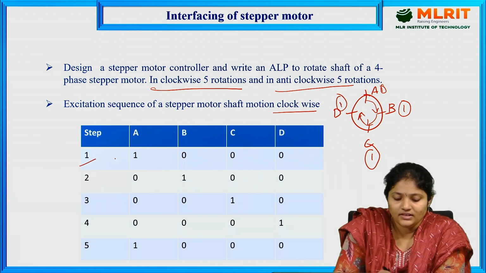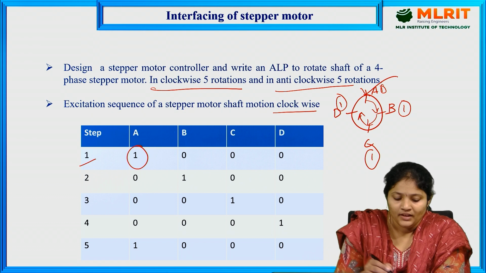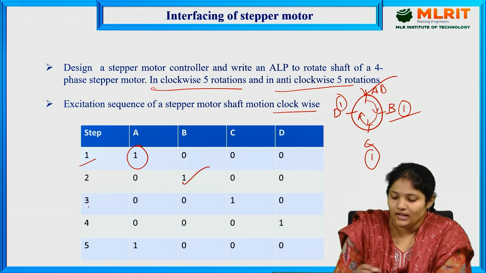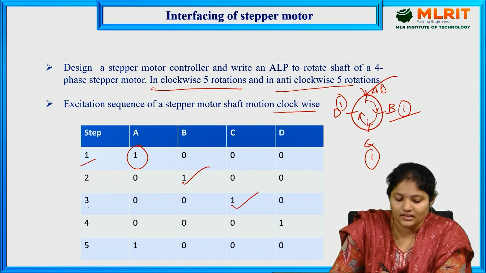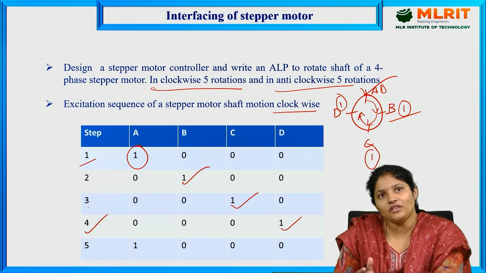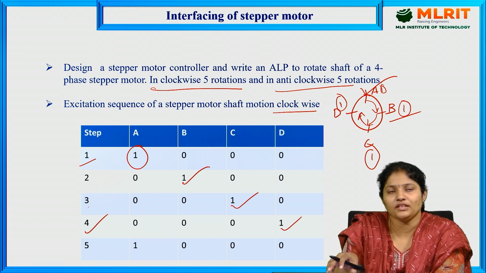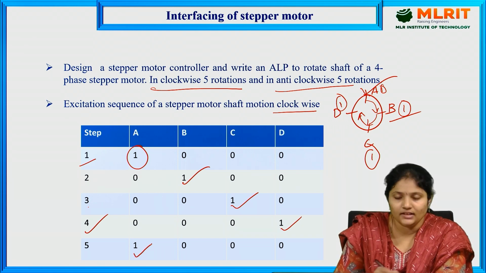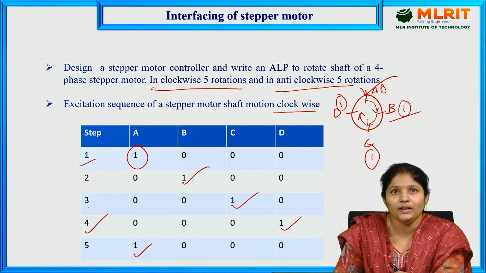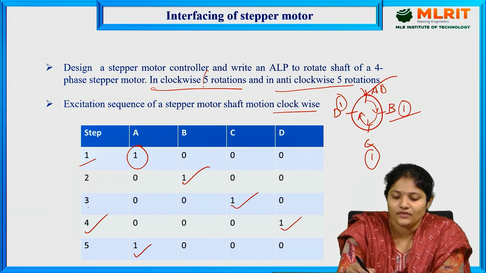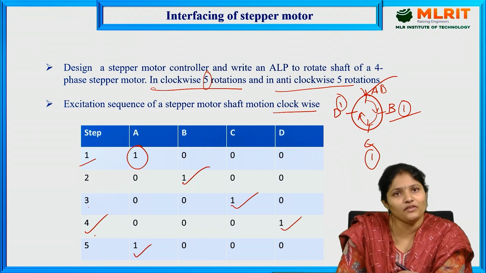See, in the first step, A has the excitation, in the second step, B has the excitation, in the third step, C has the excitation, in the fourth step, D has the excitation. Suppose in the fifth step, as there is only a 4-phase stepper motor, again the first phase A will get the excitation. This is the excitation table for clockwise rotation of a stepper motor. Because they have asked for 5 rotations, that's why we have taken 5 steps.